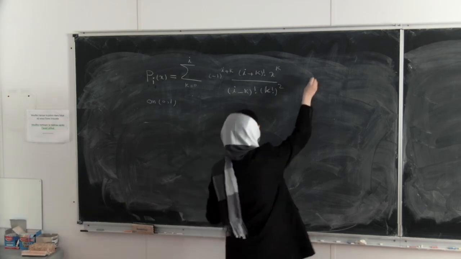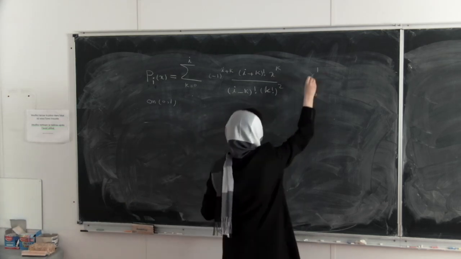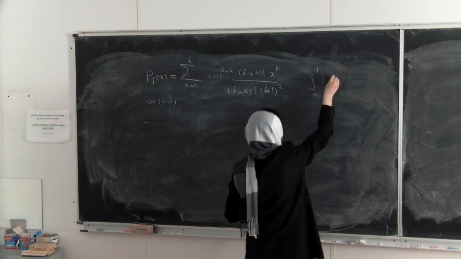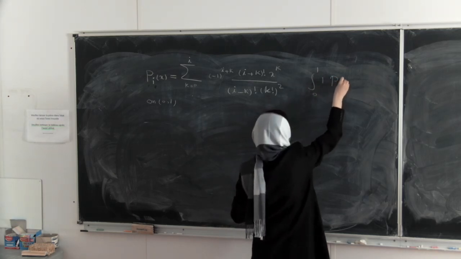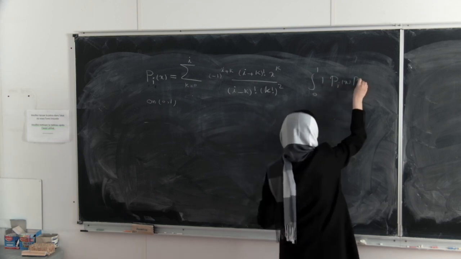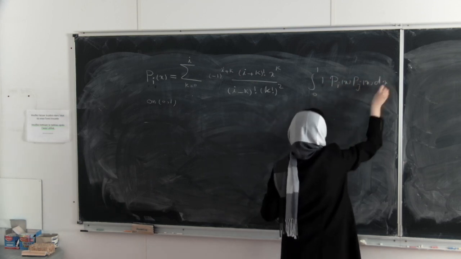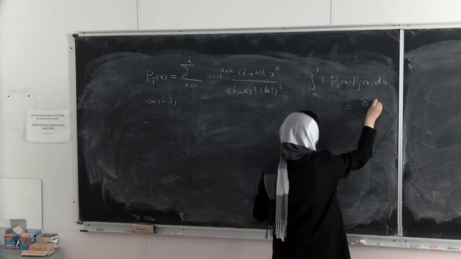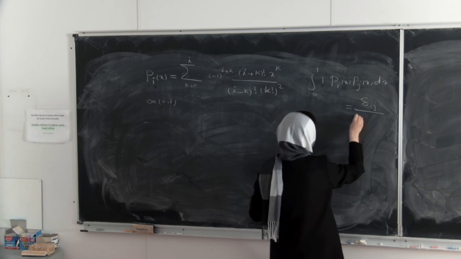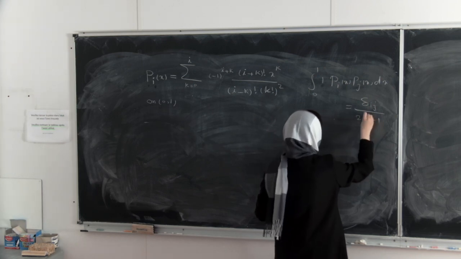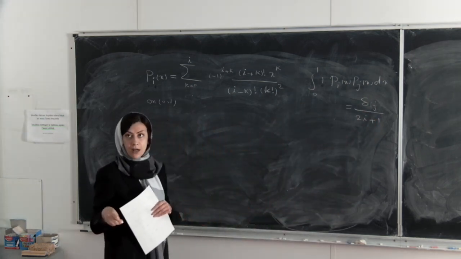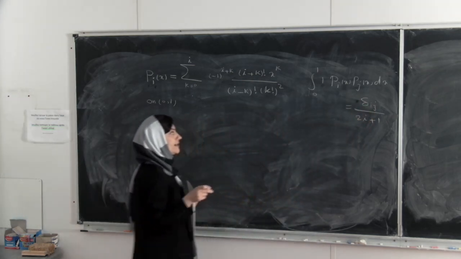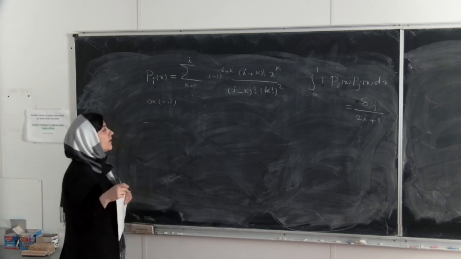And also we know that Legendre polynomials on the interval 0 to 1, with respect to the weight function equal to 1, the integral of p i of x p j of x dx, are orthogonal, and this integral can be obtained as 1 over 2i plus 1 times the Kronecker delta of i and j. For the integral from minus 1 to 1, we have 2 over 2i plus 1.